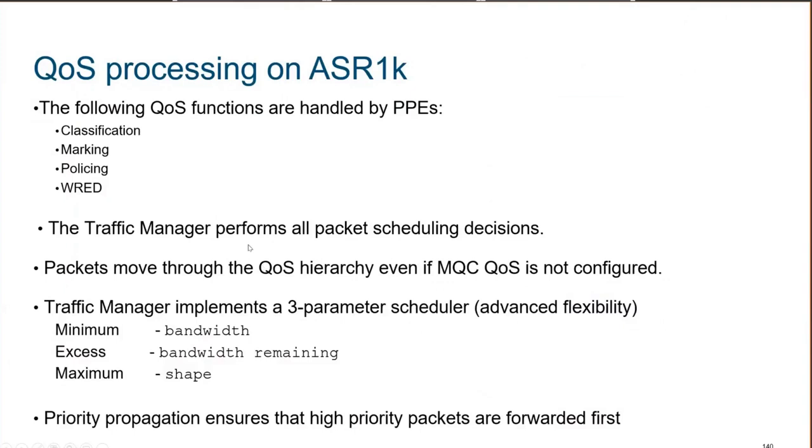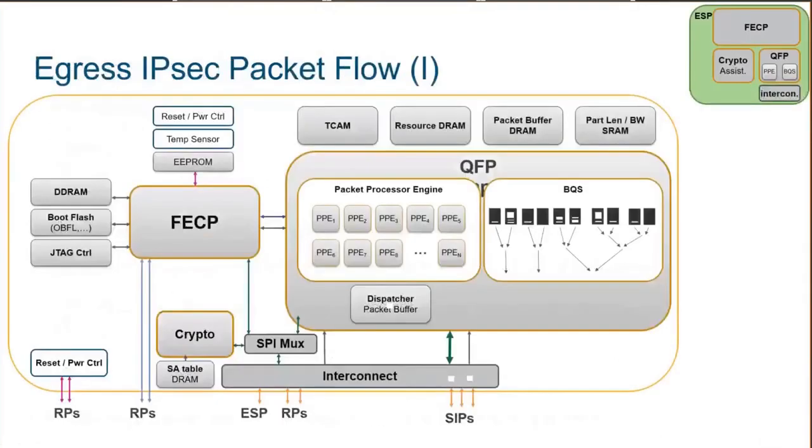All these tasks are performed by the traffic manager of the QFP, and we have 3 parameters possible: minimum bandwidth, excess, and maximum. Minimum bandwidth we can apply. If it is excess, we can apply bandwidth remaining, and maximum will be shaping it. This is QoS processing on ASR1K.